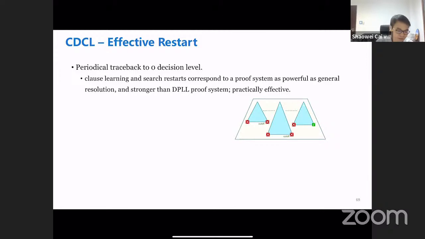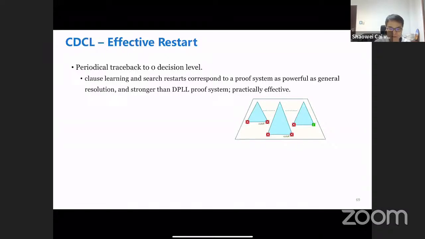So in the previous algorithm we have seen, we assume that the algorithm is a tree, right? A search tree of the partial assignment. But actually, modern CDCL solvers employ frequent restarting. So it actually looks like a forest like this.